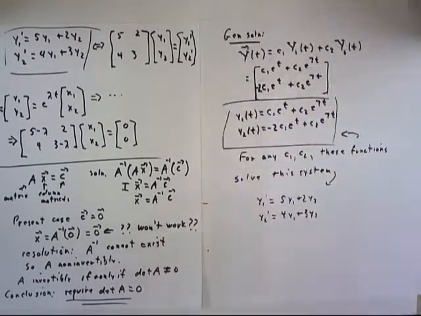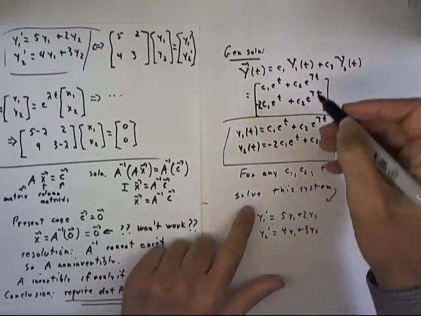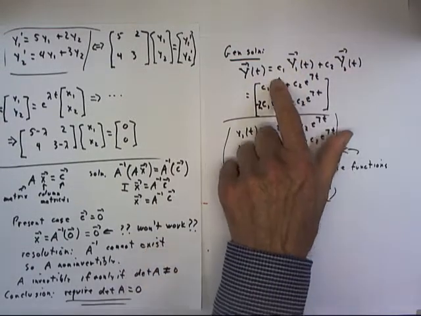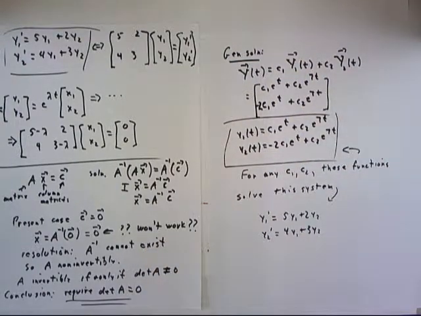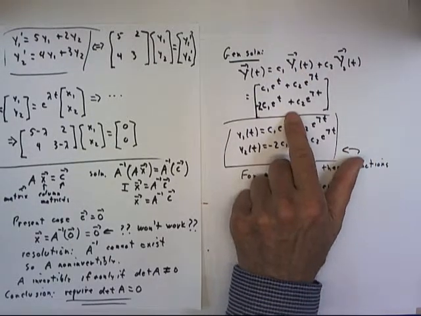So at this point, we have our general solution. Let's put arrows over these y's here. General solution here, and here it is.